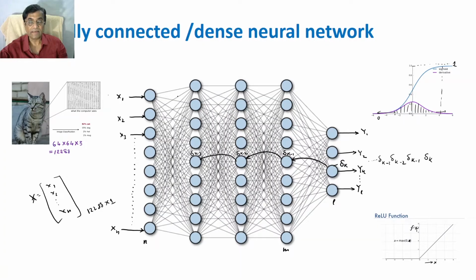As many hidden layers as there are, that many error gradients are to be multiplied to get the error gradient in the beginning layer. All these values, because we are using the sigmoid function, lie between 0 and 1, fractions. Say this is 0.5, this is 0.3, 0.1, 0.2. If you multiply them all, catastrophe is happening actually. 0.000 something. You just do it and you will get it.